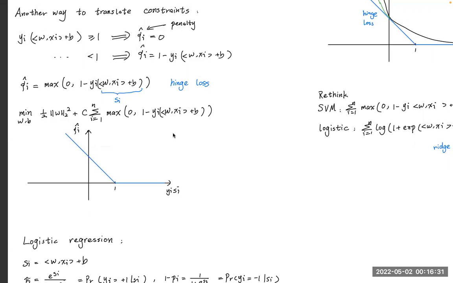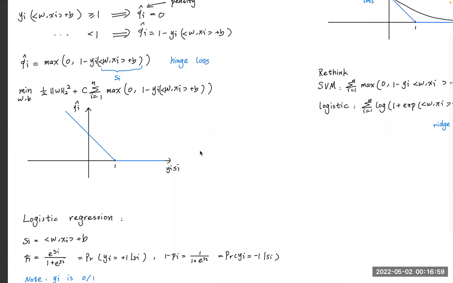So we need to minimize this problem. This is another way of translating the primal problem. In the separable case, it actually corresponds to the situation where C is infinity. But otherwise, C is a positive constant in the non-separable case.